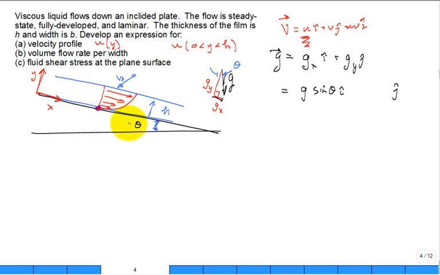But I've got to take care of the negative sign in the y direction, because y is going which direction? Up from the bottom plate up into the fluid, and G is coming in the opposite direction. So I'm going to put a negative G cosine theta. Did I do that right? So if we see G sub x, we know it's positive G sine of theta. If we see G sub y, it's negative G cosine of theta.